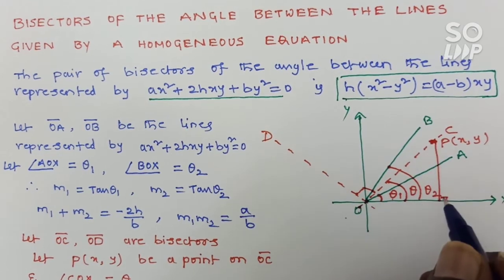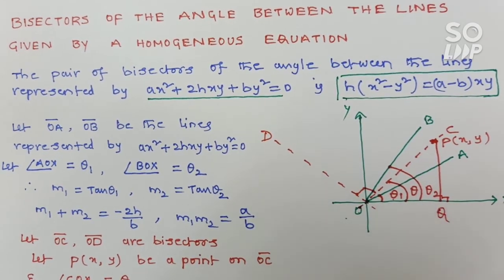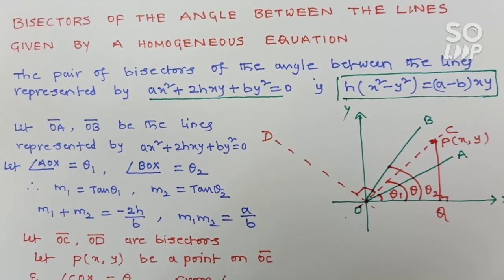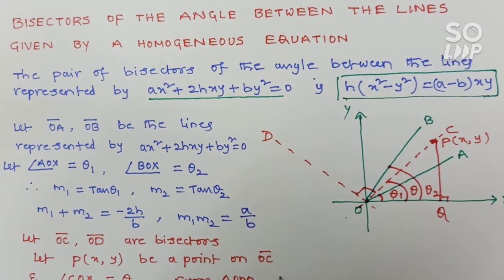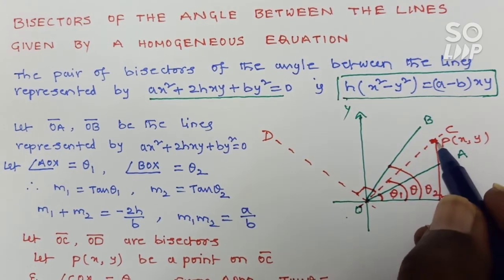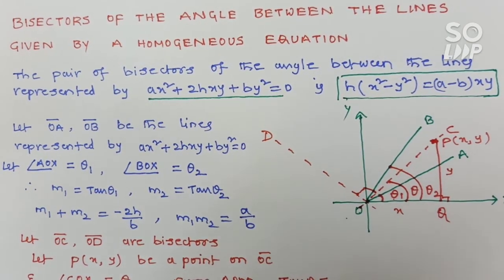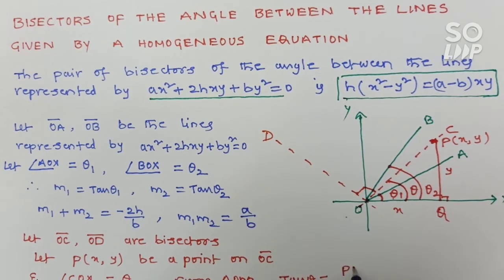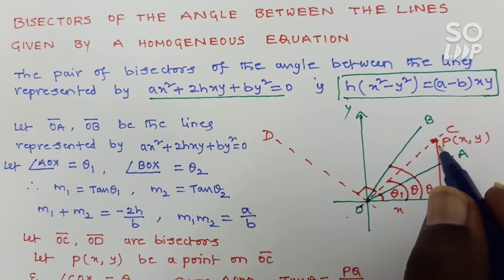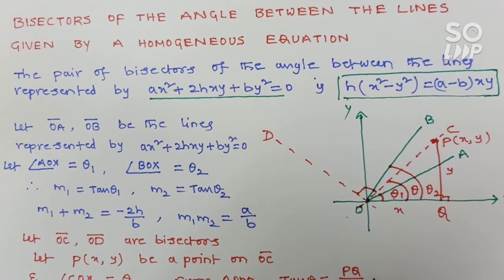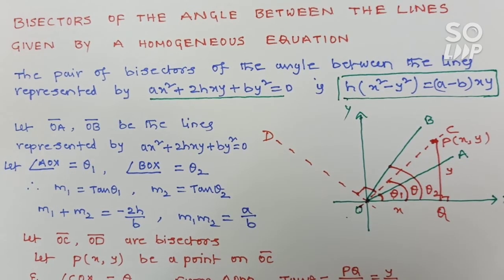From the triangle OPQ, this one you take as Q. From triangle OPQ, tan theta is equal to PQ divided by OQ, because PQ is the opposite side and OQ is the adjacent side, that is equal to y by x, right?